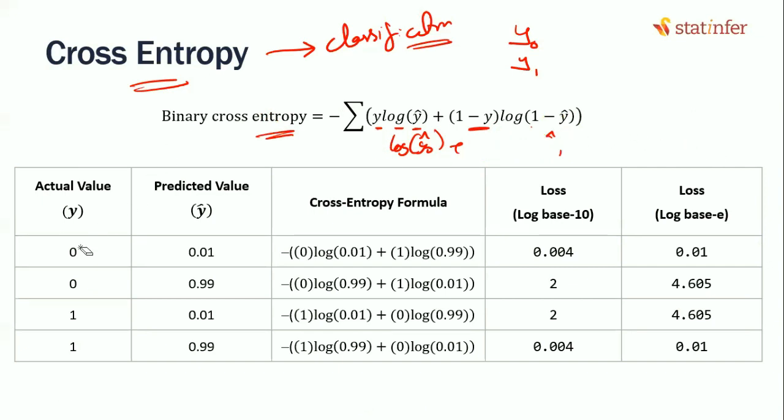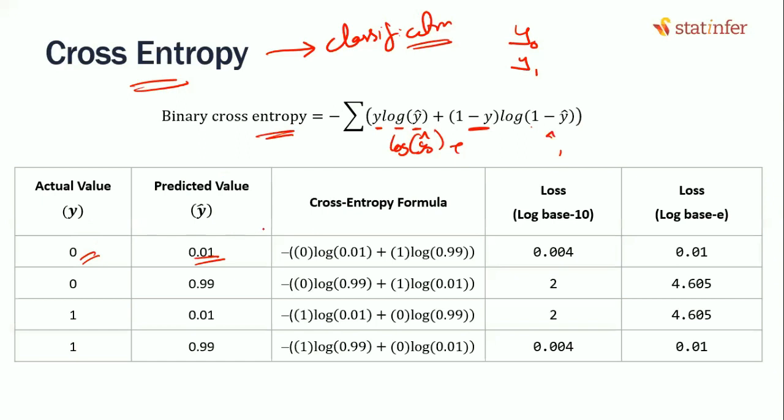Let us suppose the actual value of y is 0 and the predicted value is 0.01. What do you think? Should the error be high or low? Since y is 0 and the predicted value is also nearby, the error should be lower.